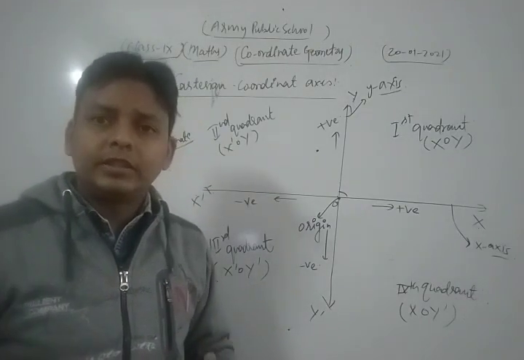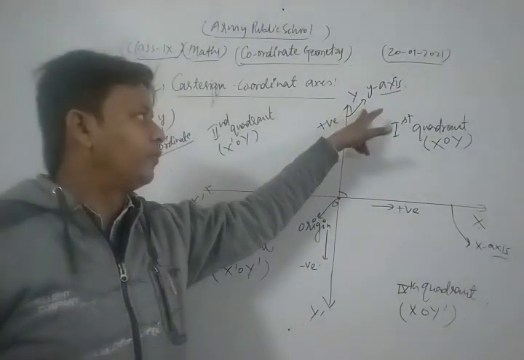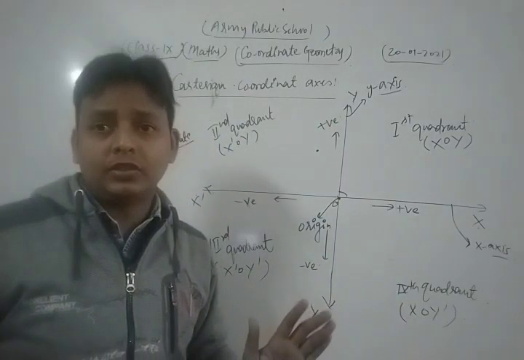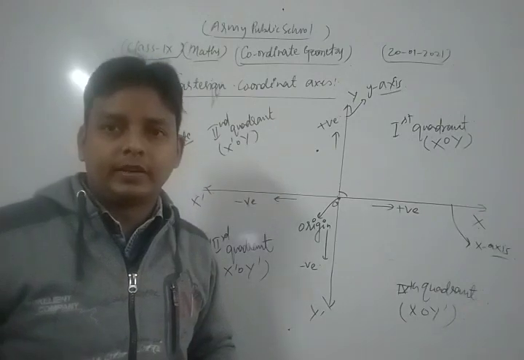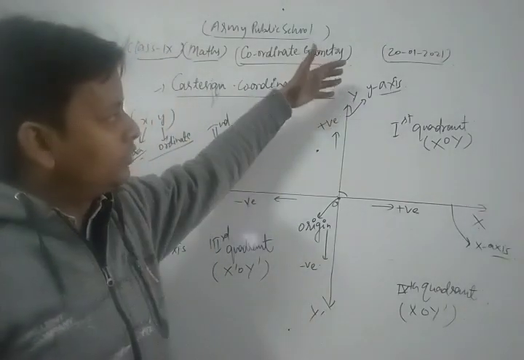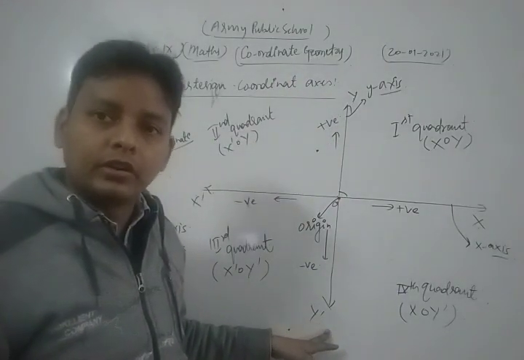And the ordinate is the set of all points which lie on the y-axis, YOY dash. So YOY dash is the ordinate.